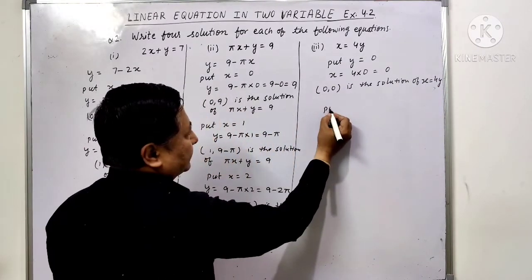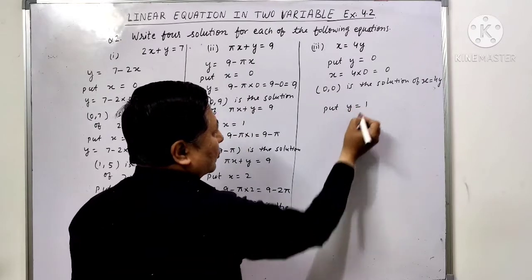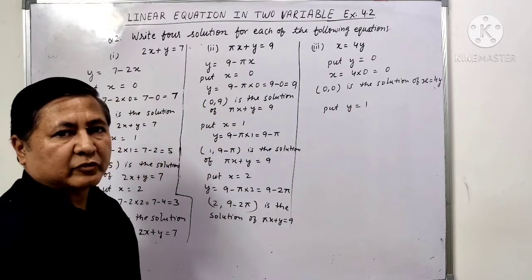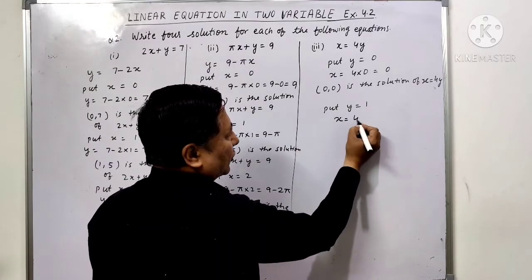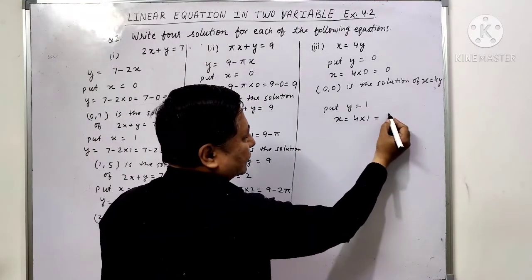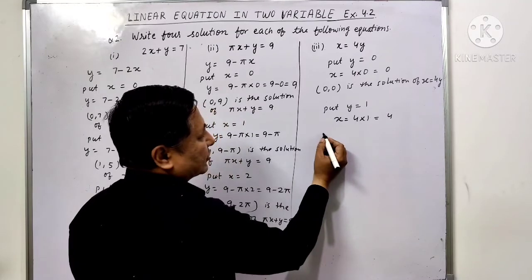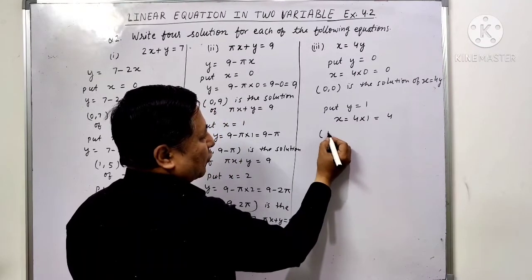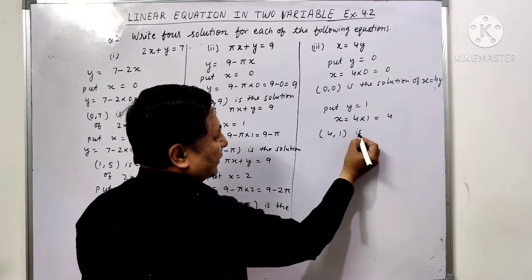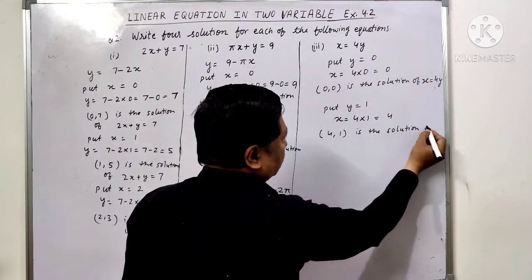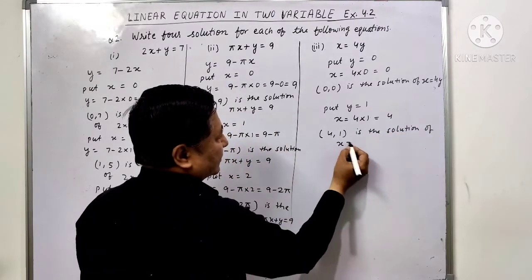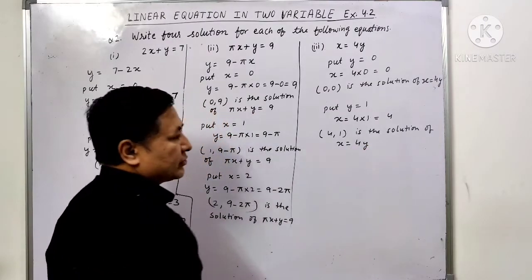Now we'll put y equal to 1. When we put y equal to 1, x is equal to 4 into 1, that is 4. So another solution this time is (4, 1), a solution of x is equal to 4y. This is the second solution.